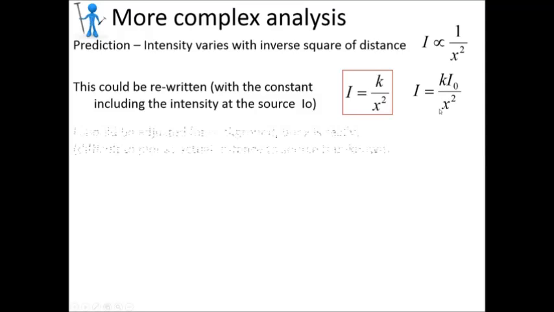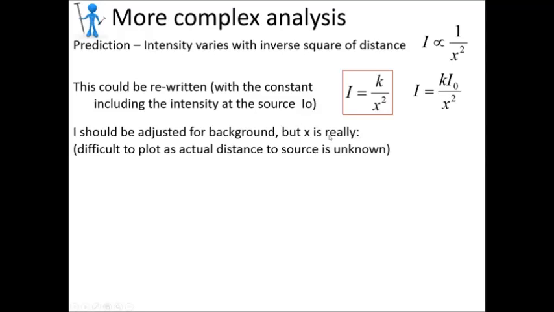Like we're doing in our data, we've got to adjust I for background, but our problem is that X is quite difficult to work out because we don't know the distance to the source. So again, putting in a little correction, I is equal to K over, in brackets, X plus XC, all squared. What I'm suggesting is that we've got an extra bit of distance.